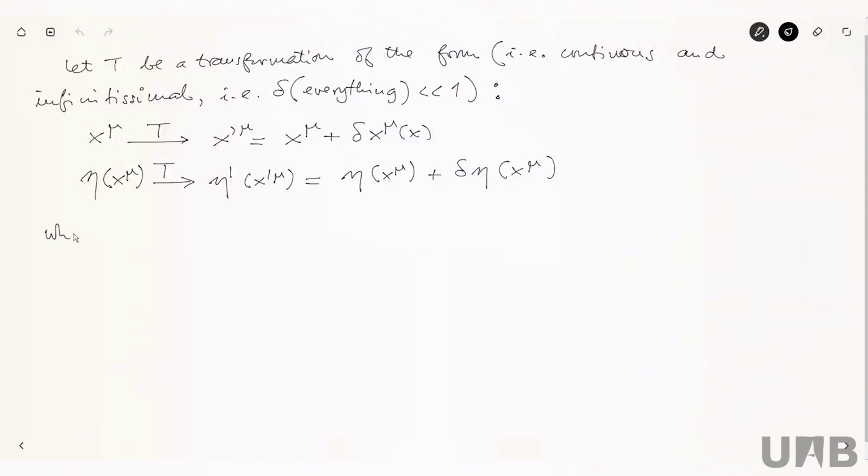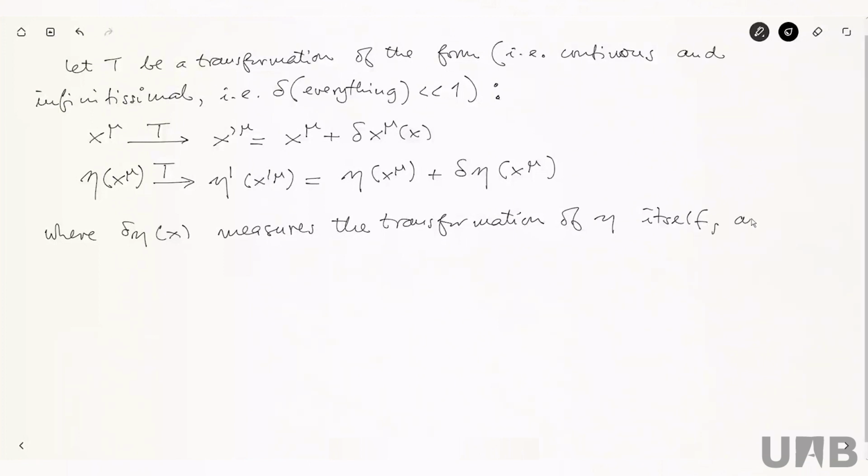So that means that this extra piece that I add here measures the transformation of eta itself, and not of X. All right, so that's what this means, and it's done like this.